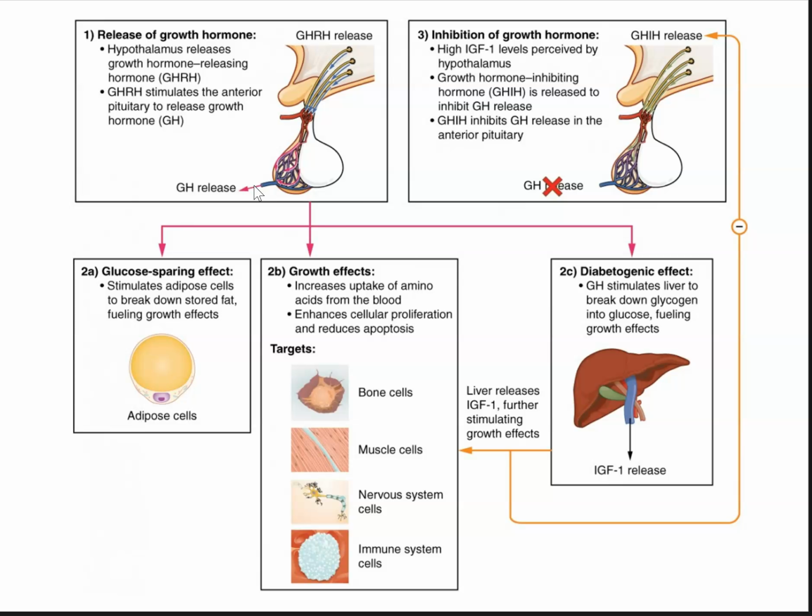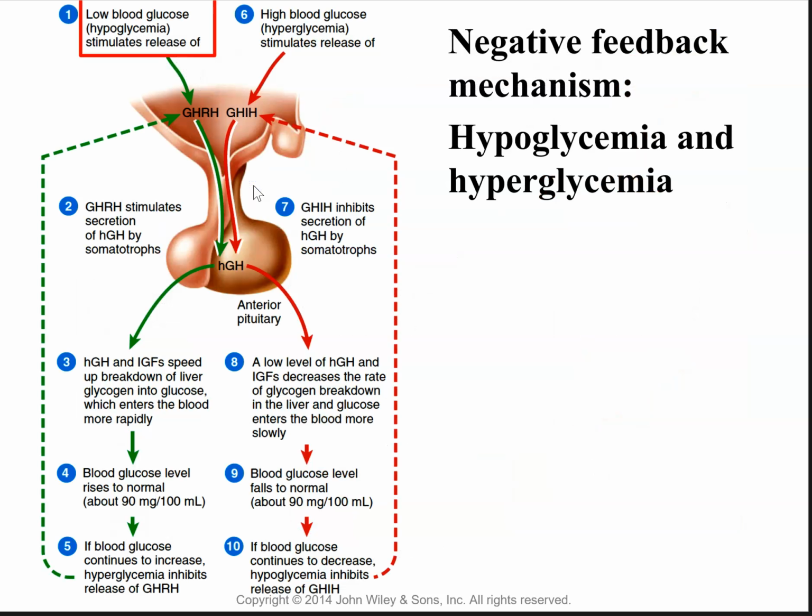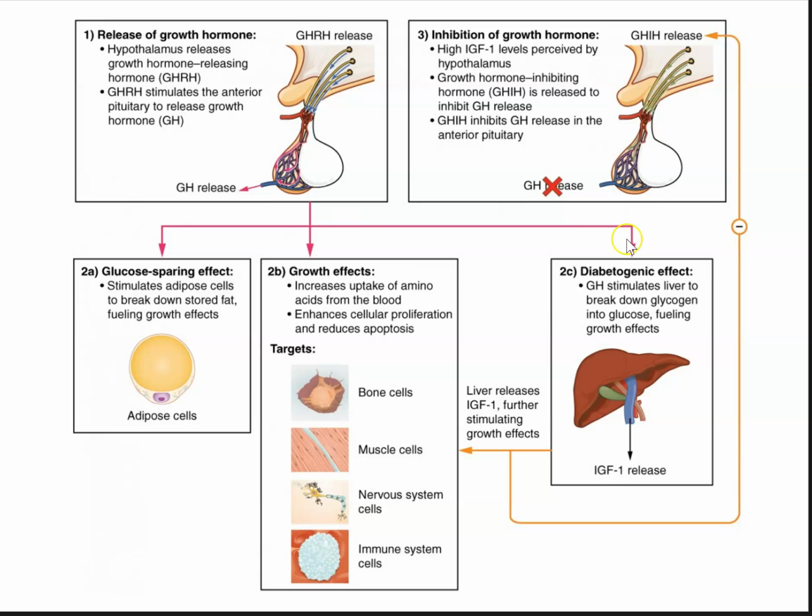One of the major effects that growth hormone has is that it causes the body cells to take up less glucose. So it helps increase blood glucose indirectly. We call this a diabetogenic effect because it promotes the increase in blood glucose.